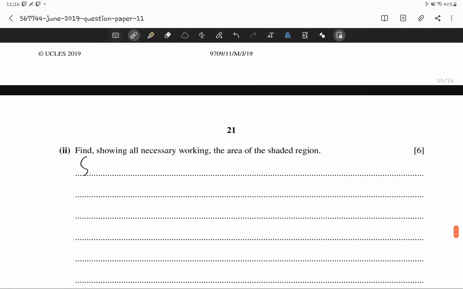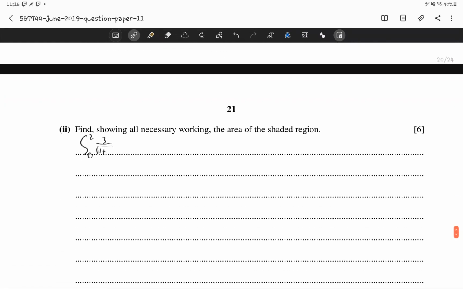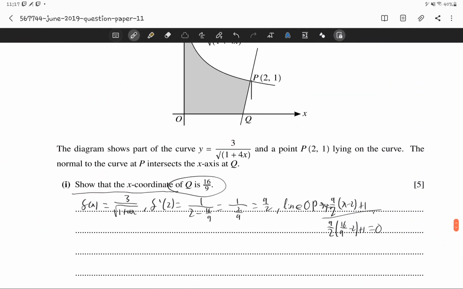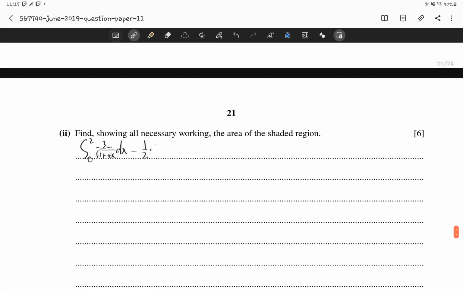Find the area between 0 to 2 of 3 over root 1 plus 4x dx minus this area, which is a half times 2 minus 16 over 9 times 1. Let's do this one.